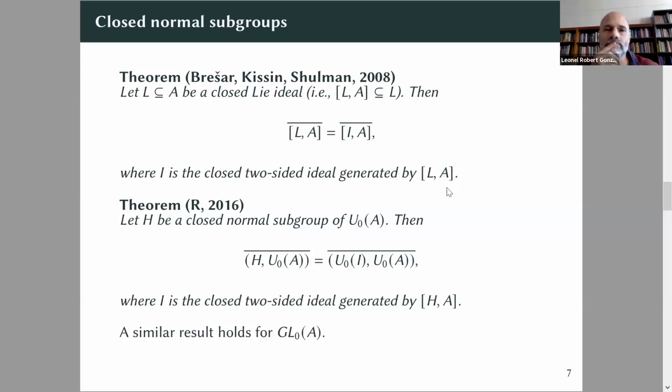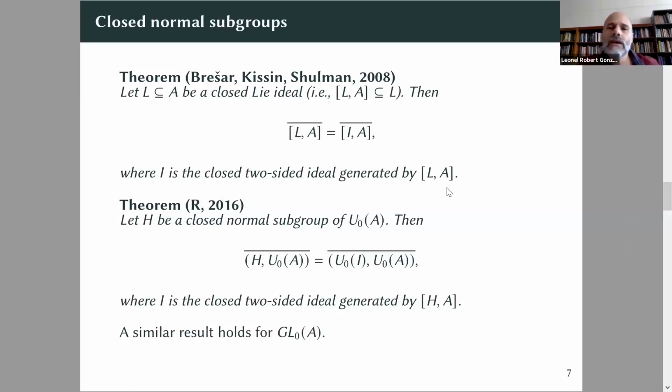So, what's the first theorem? It describes the closed Lie ideals of a C-star algebra. By a Lie ideal, I always mean a vector subspace such that when I take commutators with the algebra, the result is contained in itself, and this is a closed Lie ideal.